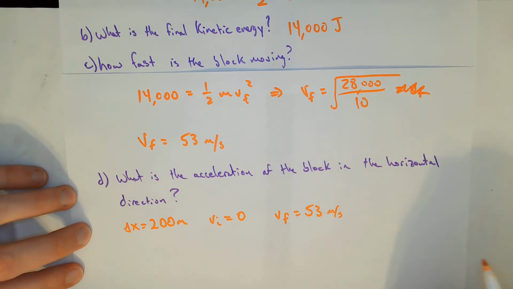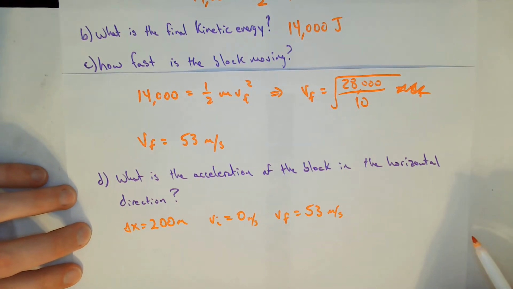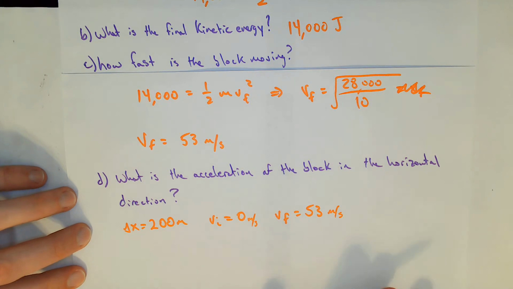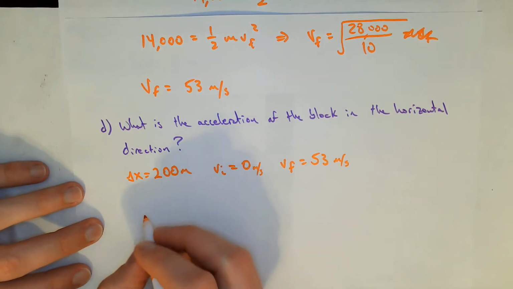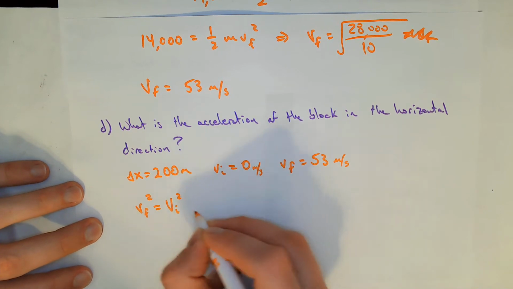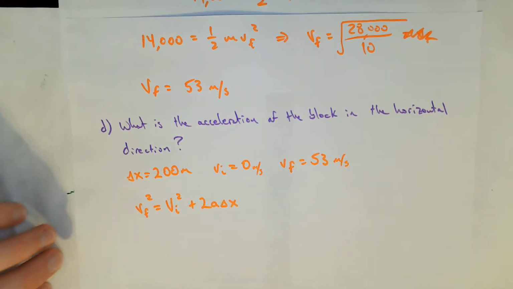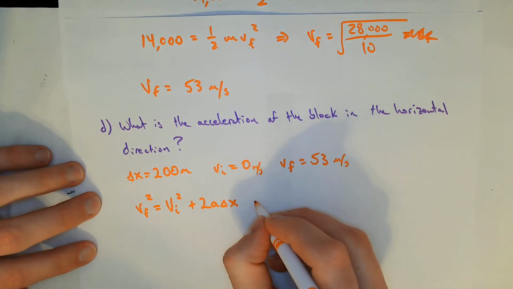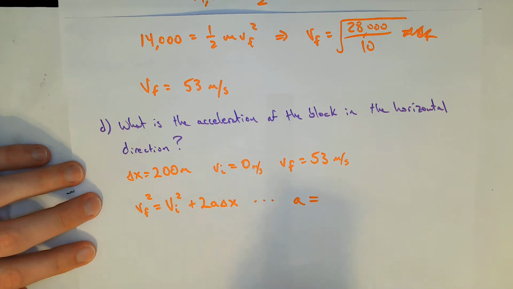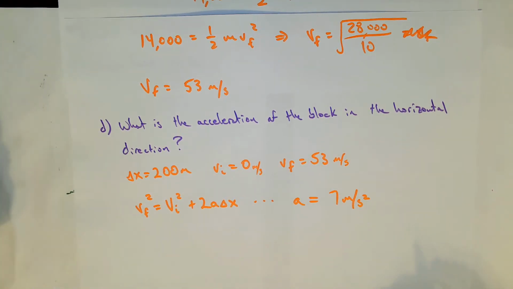I don't have time, but I don't need time because I can use the equation I pointed out earlier, which is v final squared equals v initial squared plus 2a delta x. I could use that to solve for a. I'll just say dot dot dot because I think you won't have any trouble plugging in and solving and getting 7 meters per second squared there.